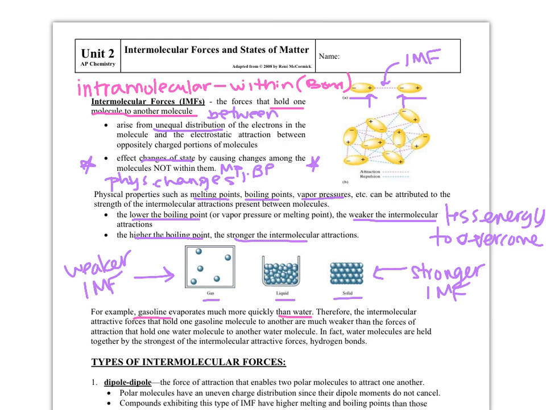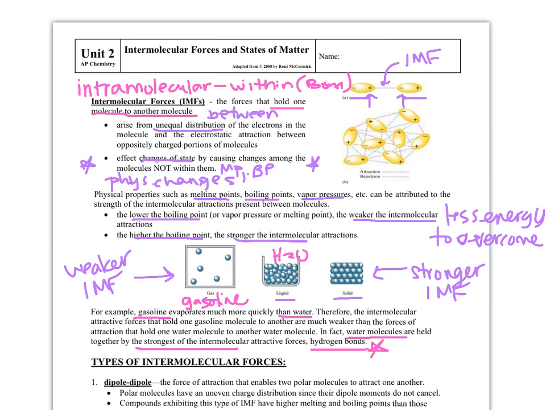So it's more likely that the gasoline would be in the gaseous form because it vaporizes very easily, and then your water is in the liquid form. So that usually tells you that the water, if they're at the same temperature, would have stronger IMFs. In fact, the water molecules are held together by a strong IMF. It's the strongest. It's called hydrogen bonds. We're going to learn more about these in just a few minutes.